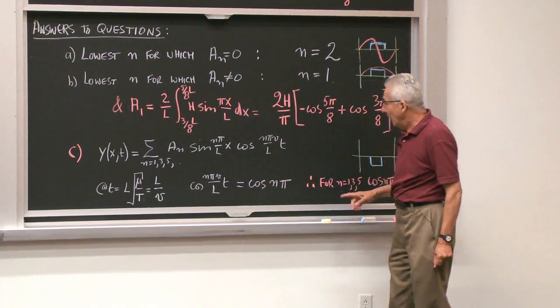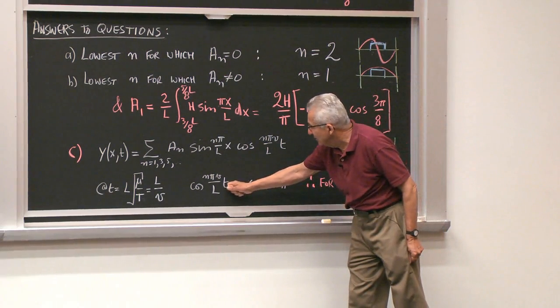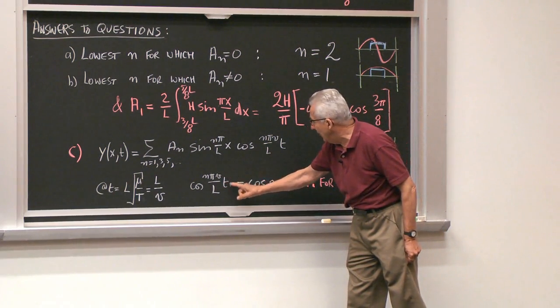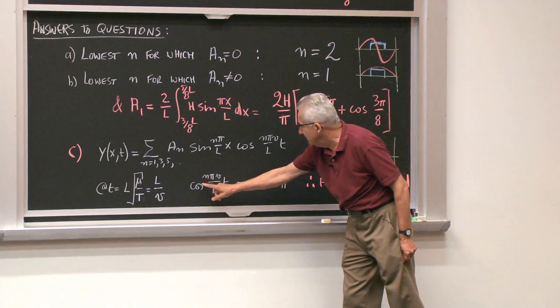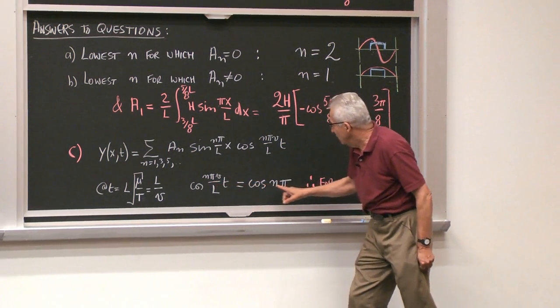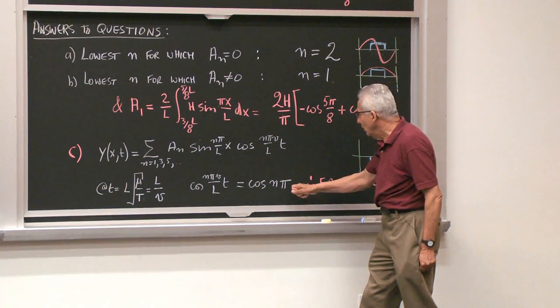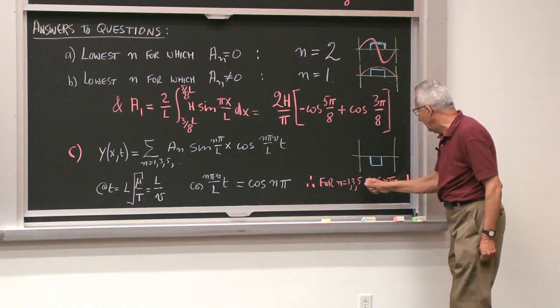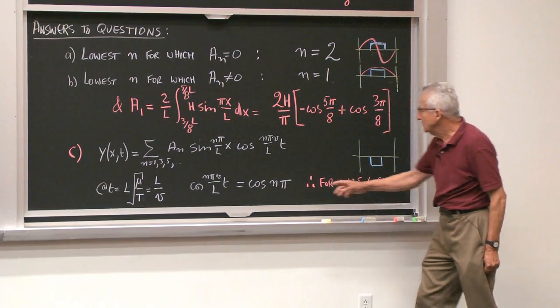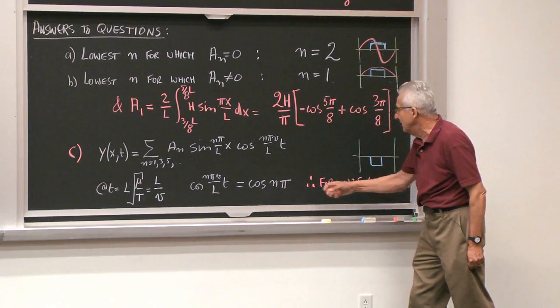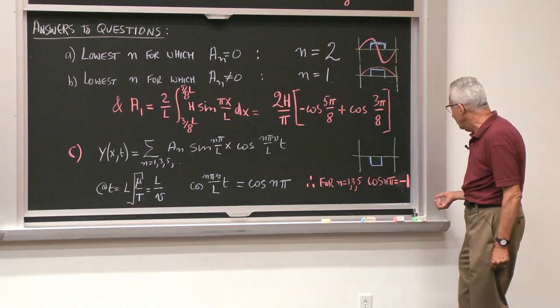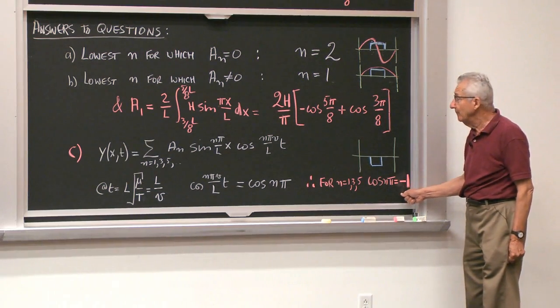Well, if this changes from 0 to L over v, this changes to cosine n pi. But you know that for n equals 1, 3, 5, etc., cosine of n pi, in other words, at pi, 3 pi, etc., is minus 1.